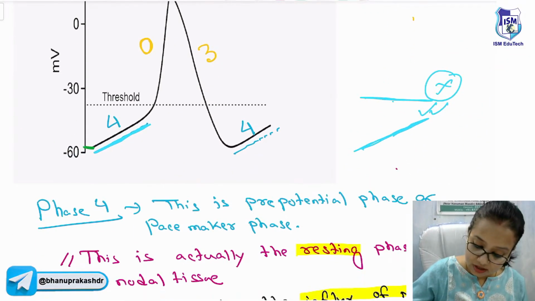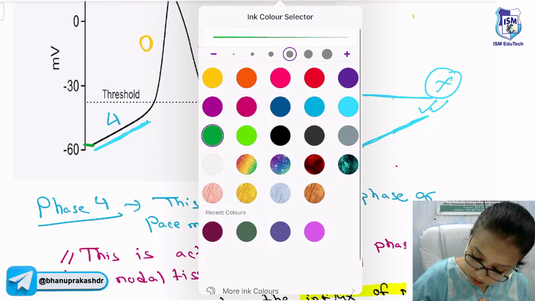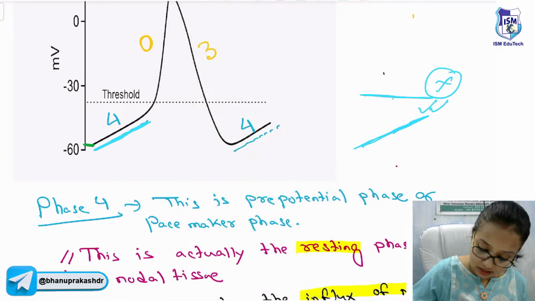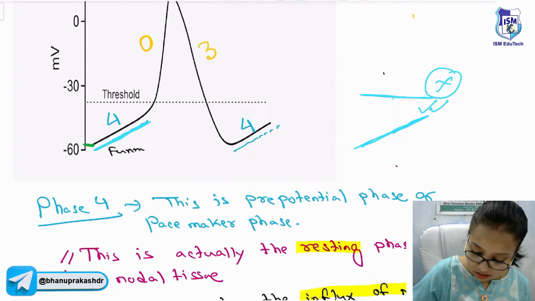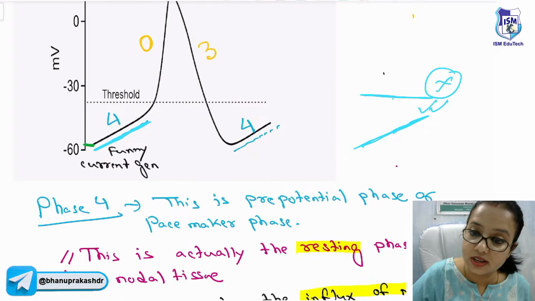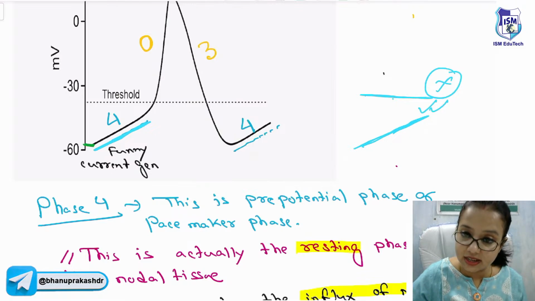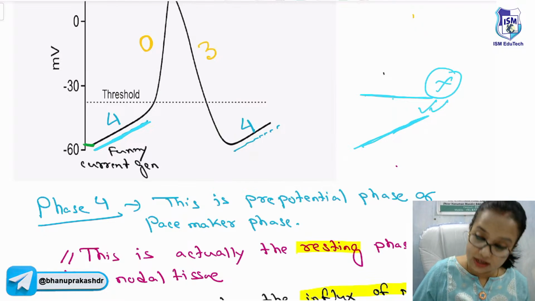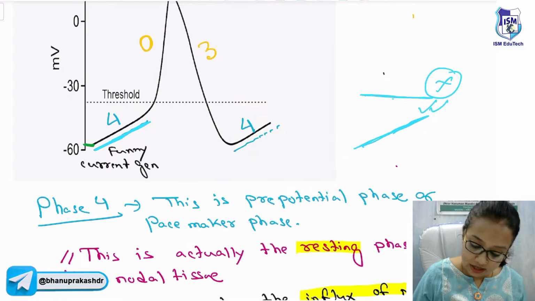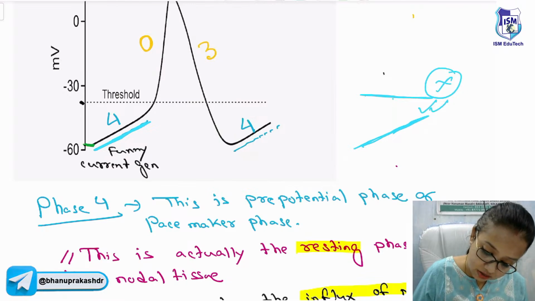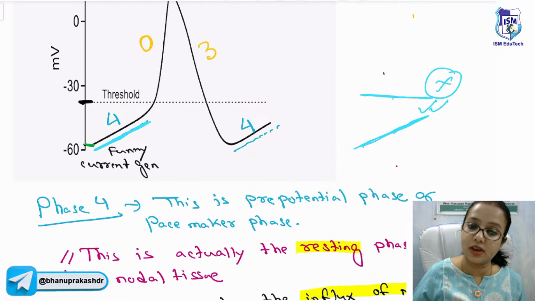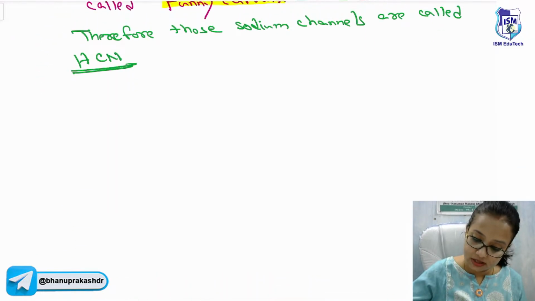So the event that happens in phase 4, if we write it, is funny current generation. Once the funny current generation is there, the sodium starts entering because the hyperpolarized state has opened up the sodium channel. There is a rise in the resting membrane potential. The influx of sodium causes this -60 to go all the way up to the threshold level, that is -30, from which it fires and goes to phase 0.